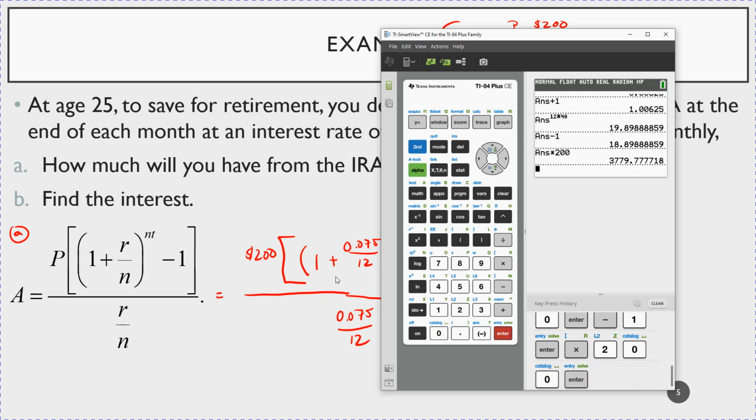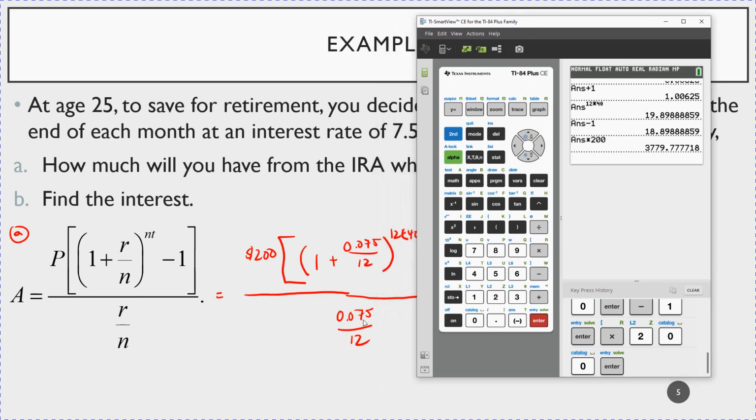And then, last step here, I need to divide by this. Okay, so then I'm going to divide by, and you have to put this in parentheses. This is really important. 0.075 divided by 12. You have to make sure to put this in parentheses, okay?